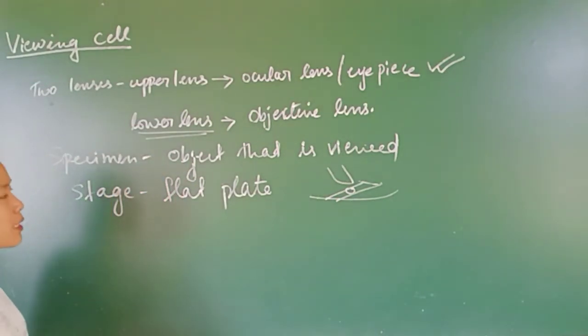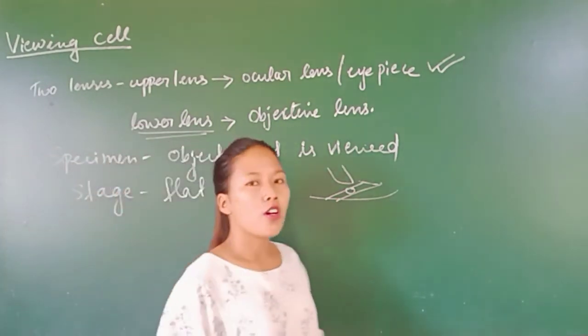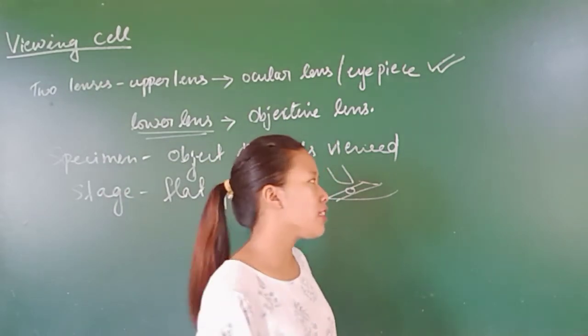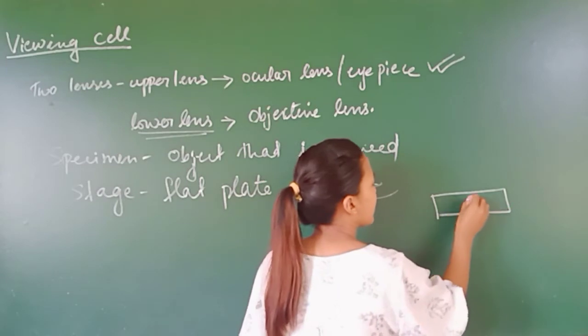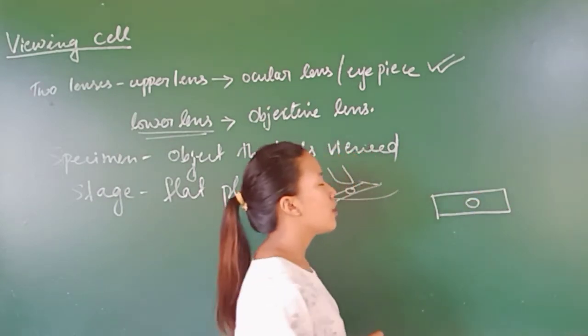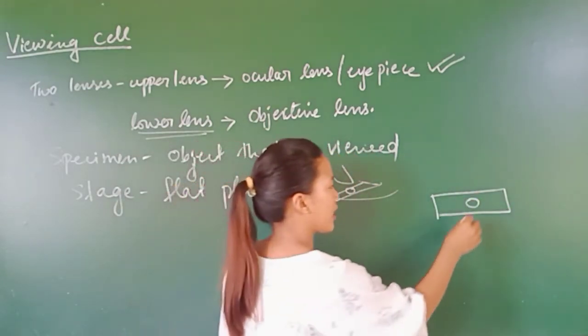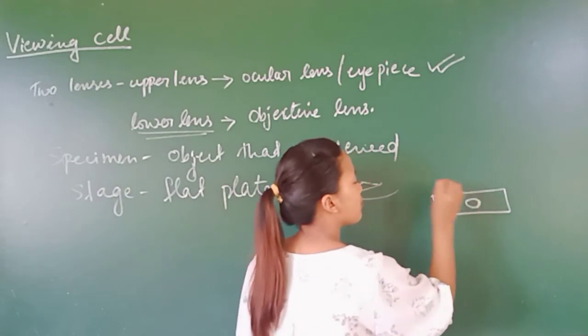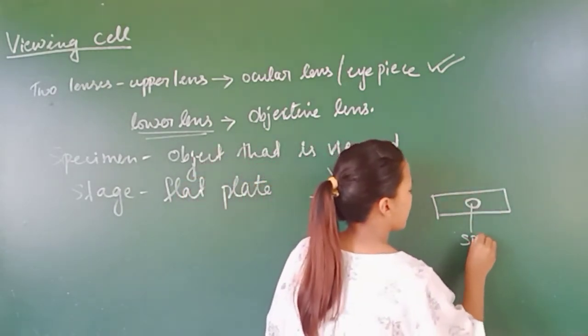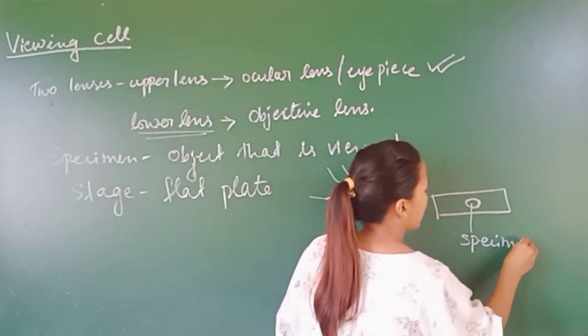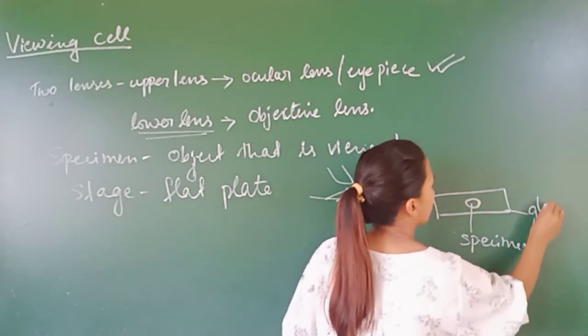Now this specimen is usually viewed after keeping it on a glass slide. You will have a glass slide like this, and here we can keep the cells and view them. So this cell is the object that we are viewing, we call it the specimen, and this is the glass slide.